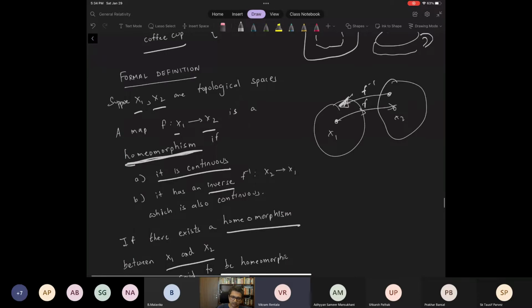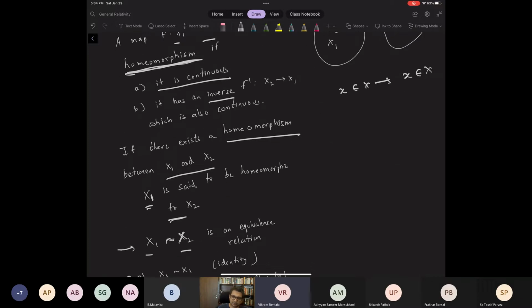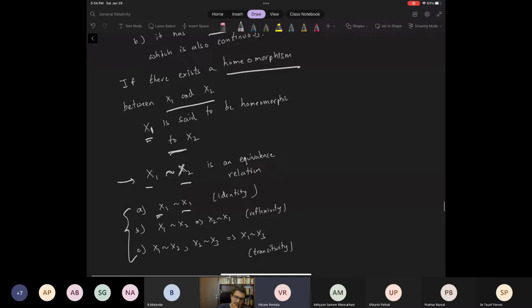So it's obvious from the relationship that any topological space is homeomorphic to itself, right? There's a simple map where I take any point x belonging to X and I map it to the same point x in X. So such a map exists. It's continuous, it has an inverse, okay? So you'd say that there is an equivalence relation between these two topological spaces.